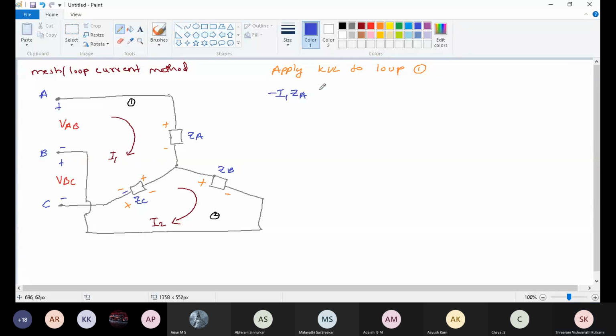Now minus I1 ZA, then minus, ZC of I1 minus I2. The current is related. I1 minus I2 ZC.